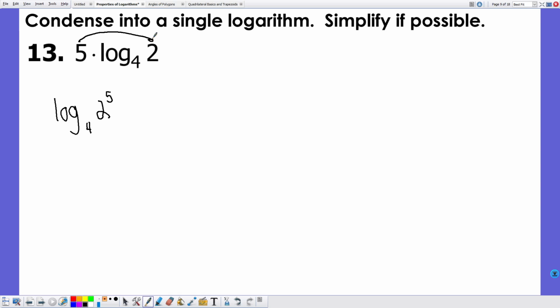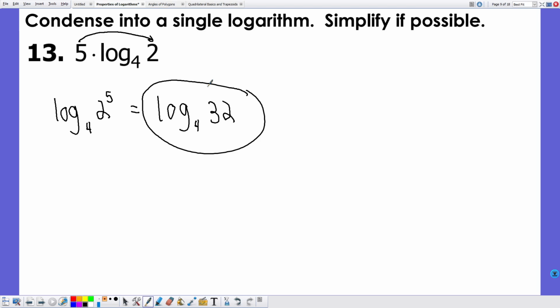The 5 moves over as its exponent. But 2 to the 5th power can be simplified. 2 to the 5th power is 32, so it's really log base 4 of 32. Not such a crazy problem, and can be very handy.